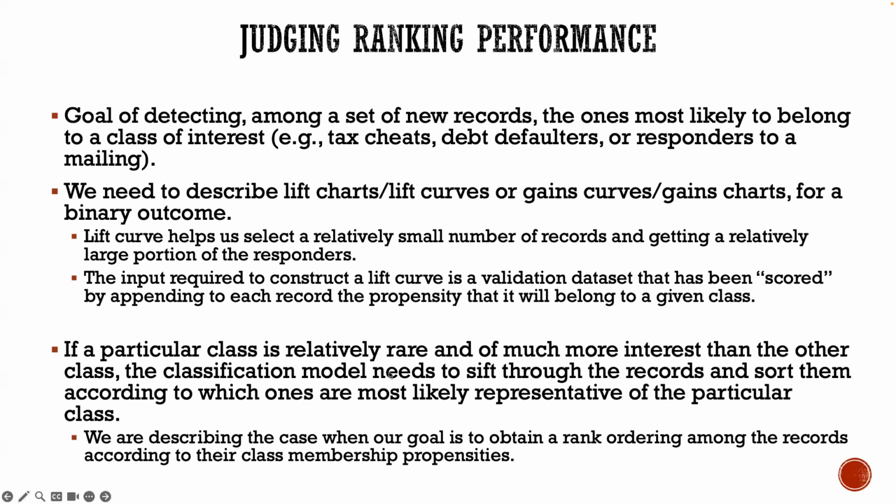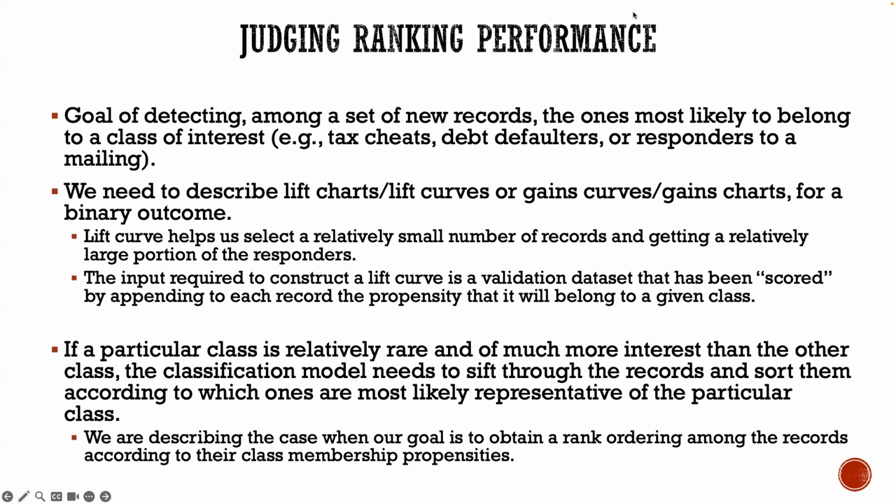Now, if a particular class is relatively rare and of much more interest than the other classes, then we need to sift through the records and sort them according to which ones will be most likely representative of a particular class. So we are trying to describe the case in which our goal is to obtain a rank ordering.